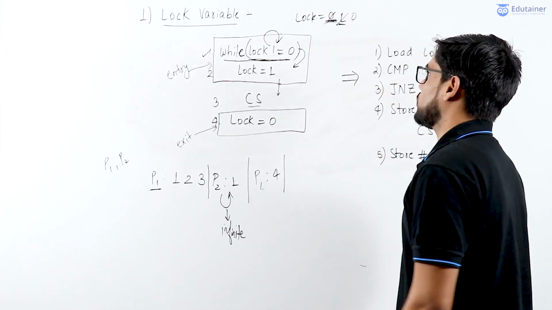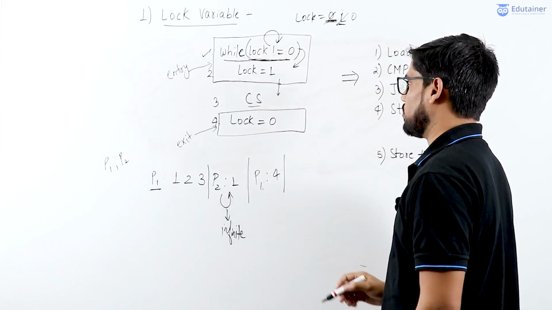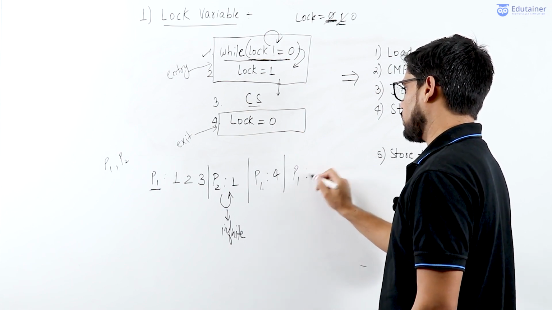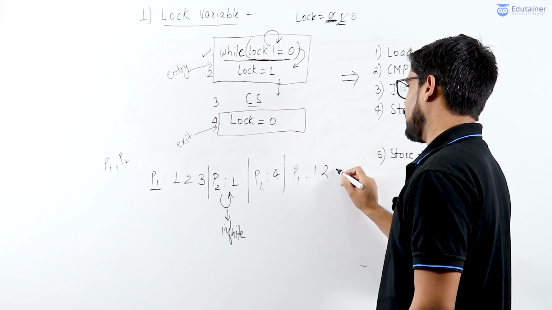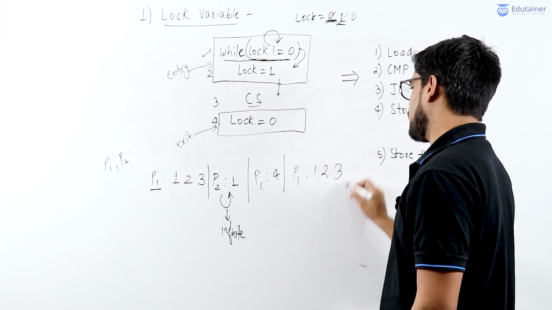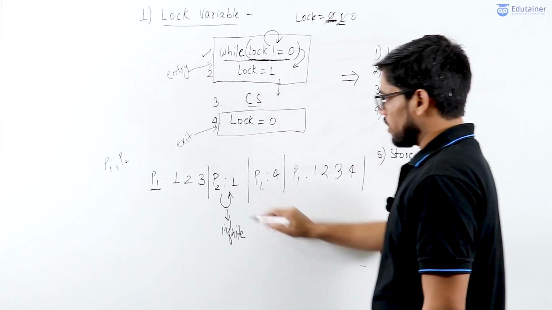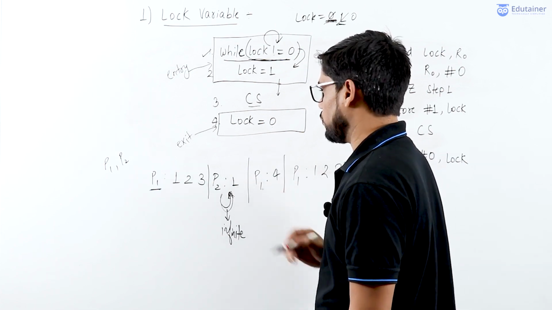If lock is equal to 0, then process P2, which is stuck at the while loop at line number 1, will get a chance to enter the critical section. So process P2 executes line number 1, then line number 2, and then enters the critical section, and after use, line number 4 to leave the critical section. So this particular loop represents a busy waiting solution.